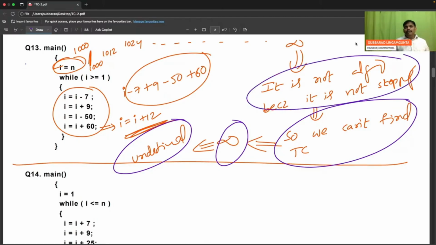Some people will say infinite, some will say undefined, some will say we cannot calculate, some will say it is not an algorithm at all because it is not stopping. All are correct. For question number 13, the answer is undefined or infinite. We cannot find time complexity because it is not an algorithm. Question number 13 also we are done.